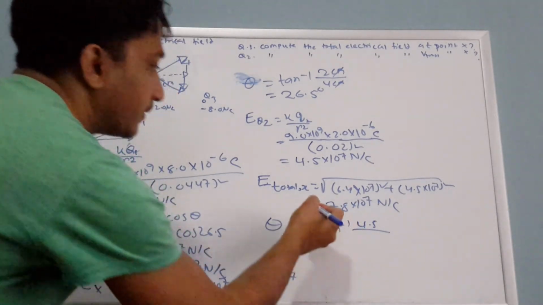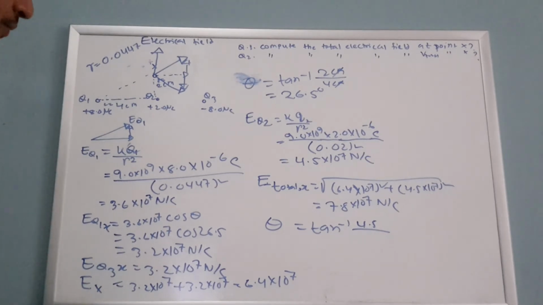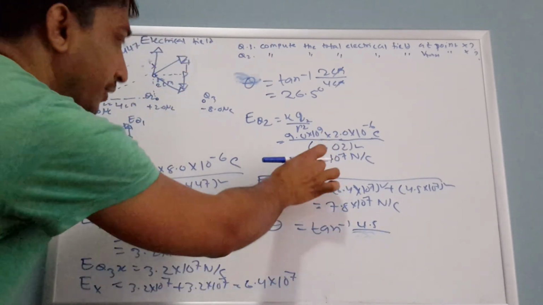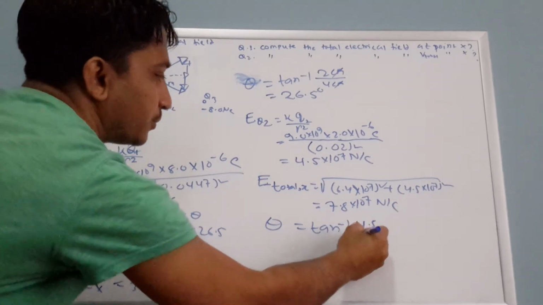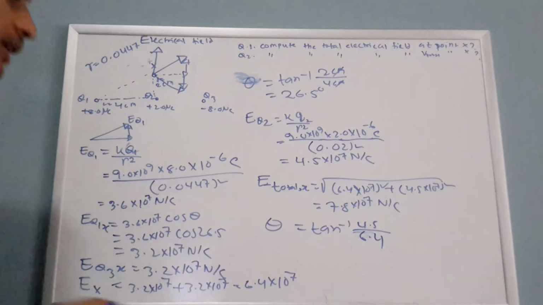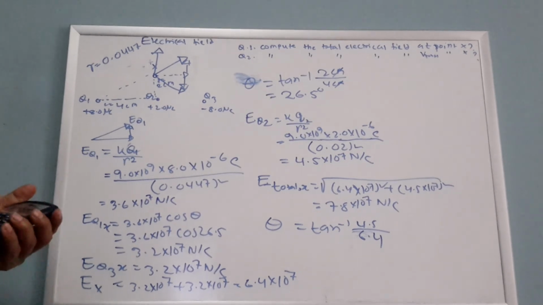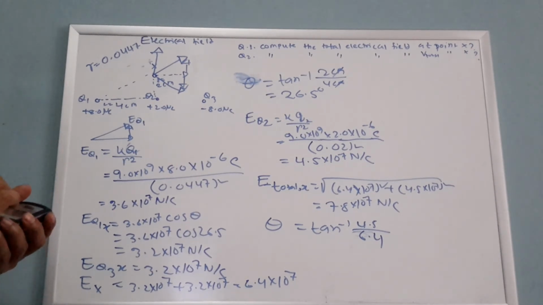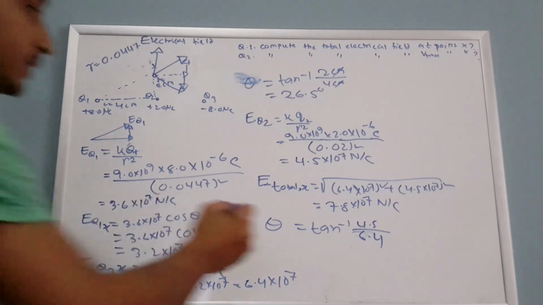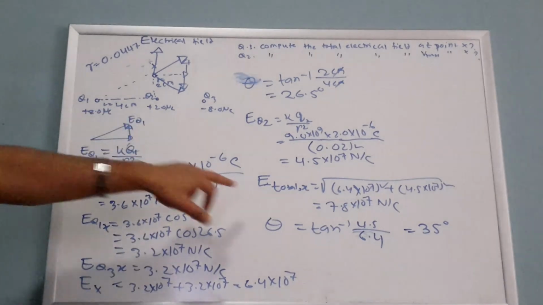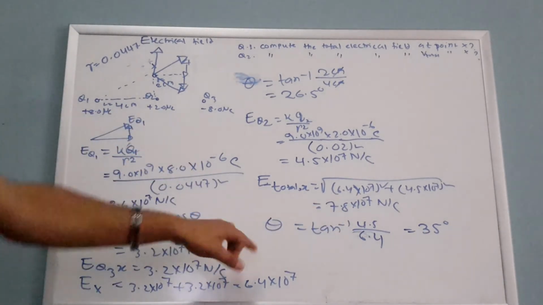You don't have to write the 10^7 because it is cancelled out automatically. 4.5 divided by 6.4, tan inverse, gives us 35 degrees. So this is our total electric field, 7.8 × 10^7 N/C, and our angle is 35 degrees.